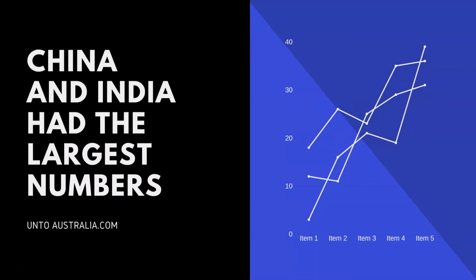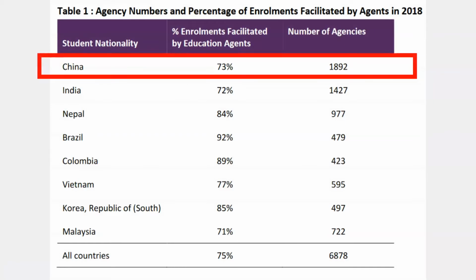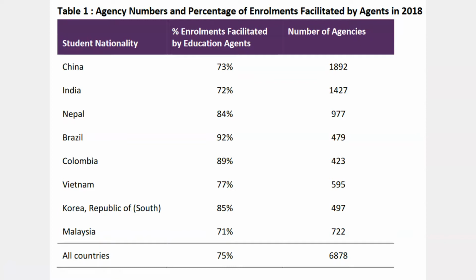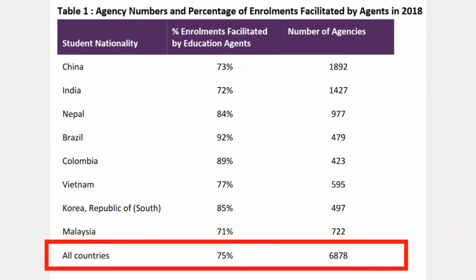In this statistic, China and India had the largest numbers of students that used agents. You can see China at the top. 73% of their total students used an agent. If you look at Brazil, nearly 92% of them used an agent. And down at the bottom, all countries, 75%.